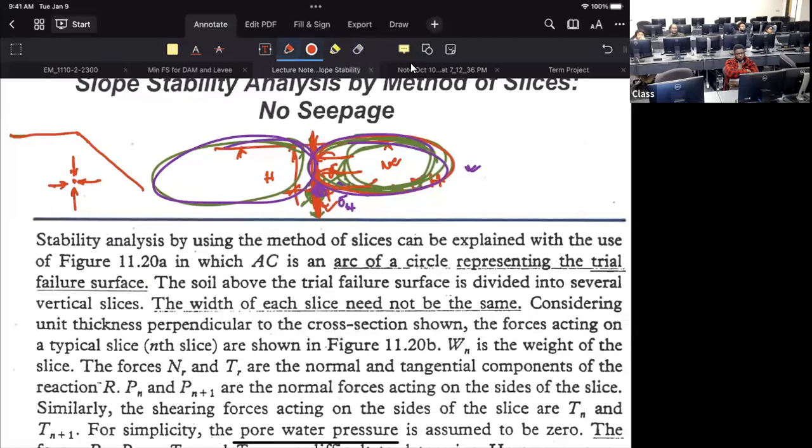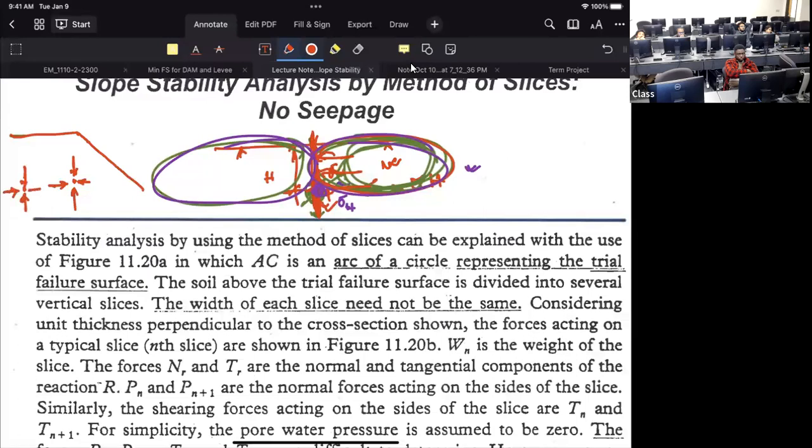Which one will be higher? Left one will be higher. Like this? Yes. Okay. How about this load right here? You have a vertical one, you have a horizontal one, the left one.